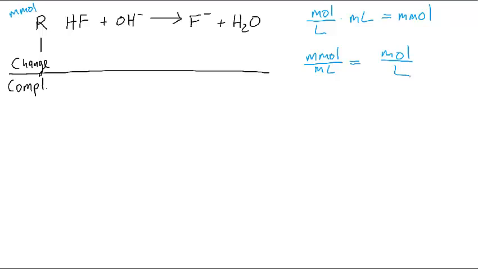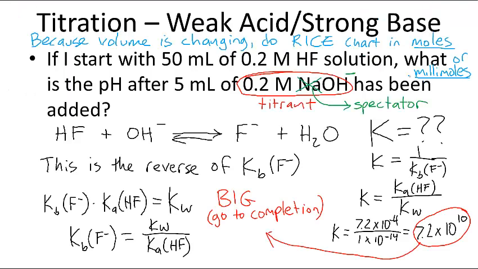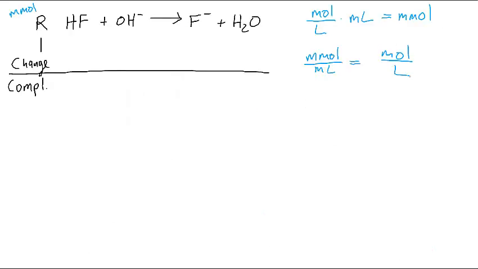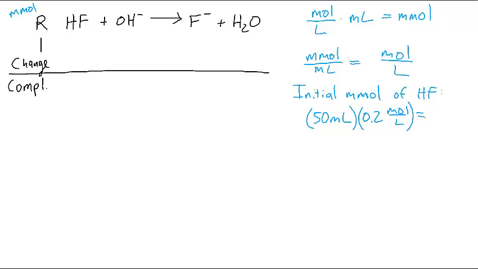So to fill in my initial values, I go back here and I have 50 milliliters, 0.2 molar HF solution. So not initial concentration of HF, initial number of moles of HF. To find that, I would do just 50 milliliters times 0.2 moles per liter. And that gives me what, 10 millimoles.